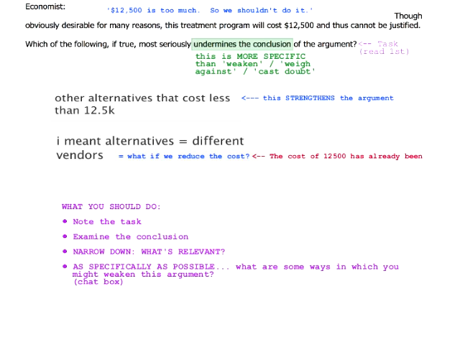And one thing about the GMAT is the GMAT does not weaken arguments by saying not X if the argument says X, whatever X might be. It's not how it works. In real life, that's actually a thing that happens a lot.